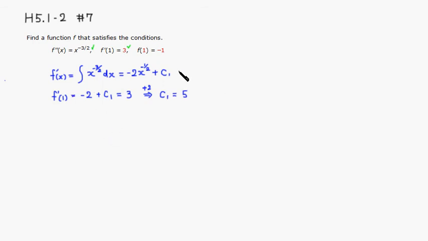So f prime is going to be negative 2 times x to the negative 1/2, and c1 turned out to be positive 5. Now we can take the same technique to go back to the original function.